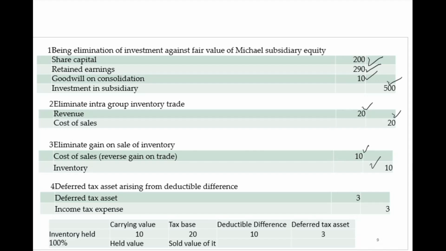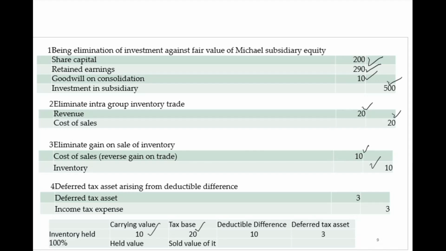If you look at the inventory value, because there was a sale from Michael subsidiary to Michael parent, the tax base of the inventory is 20 million. But the carrying value of the inventory is 10 million, because the carrying value for the group has not changed.